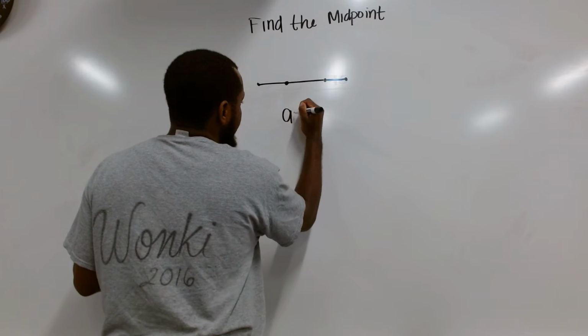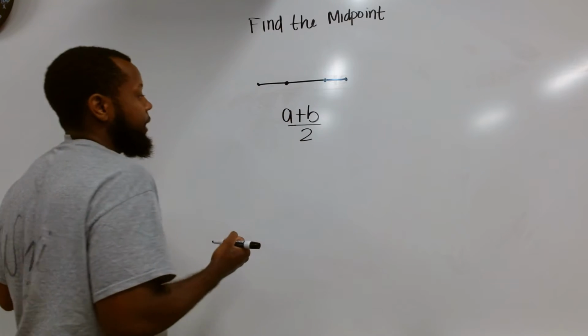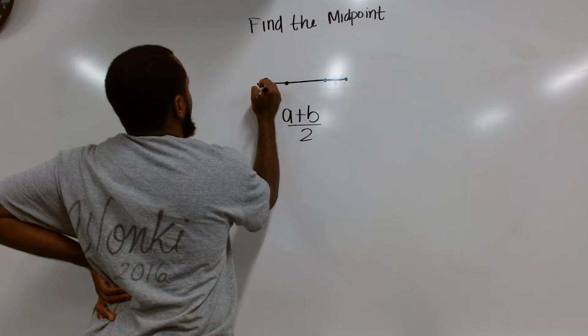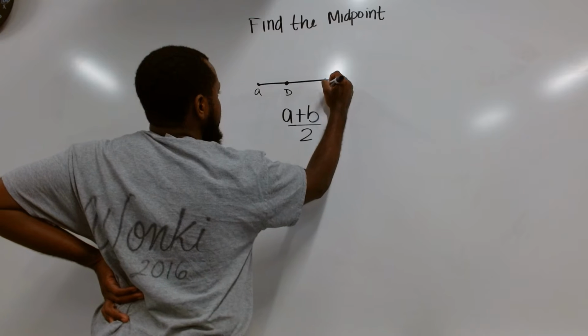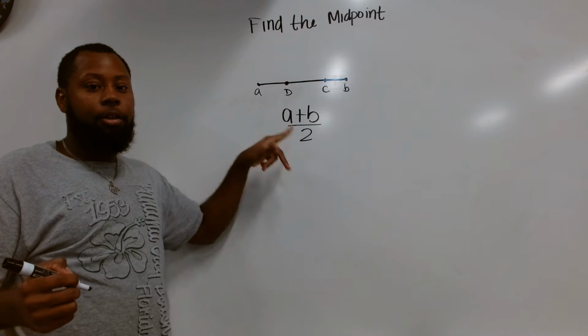So you can have A plus B divided by 2. All right? So, you do A, B, D, C, right? You're going to add these two numbers, and you're going to divide by 2.